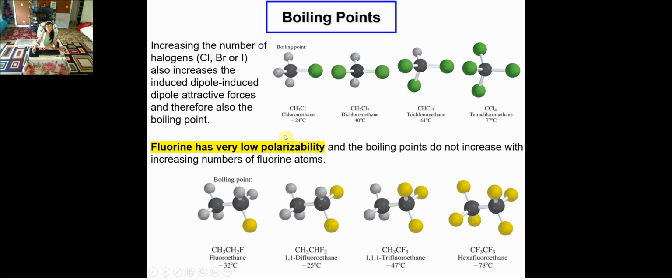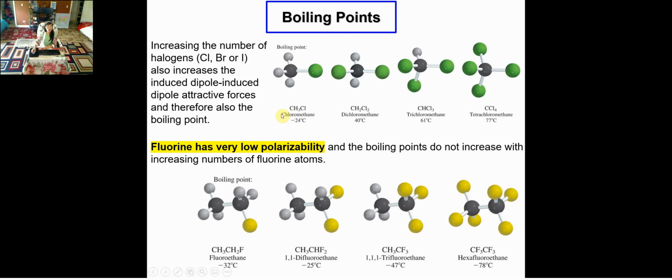So let's take several examples. If you have methyl chloro, one chloro, or chloromethyl, you replace two hydrogens by chloro, you have dichloromethane, replaced by three chloros, trichloro, or tetrachloro. What's going to happen?